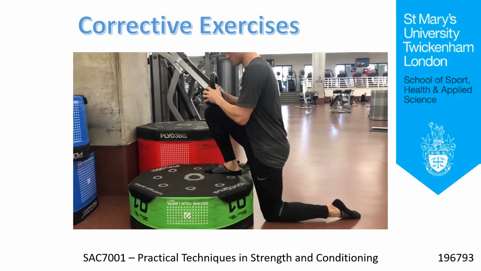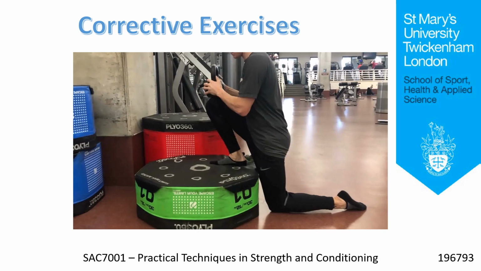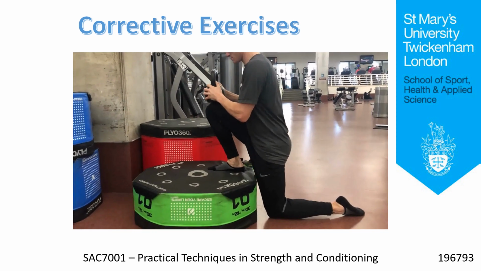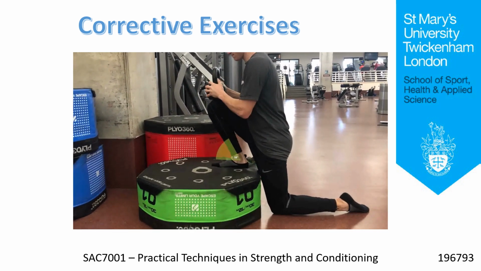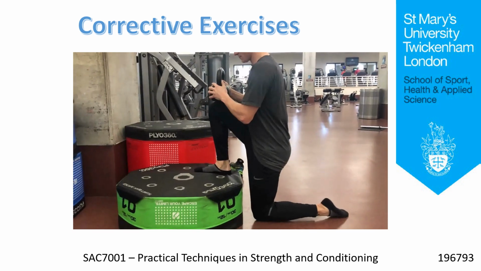In order to improve his back squat, we used an ankle mobility drill using a kettlebell with 16 kilograms in dorsiflexion to try and increase the range of motion of the right ankle.